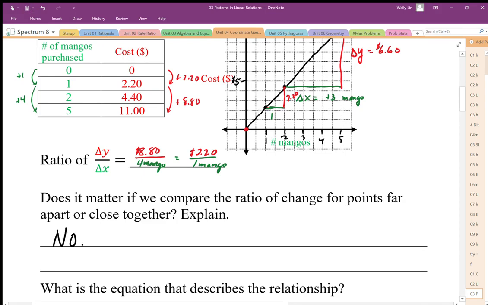And a couple reasons why. We can say the ratio of change stays the same.